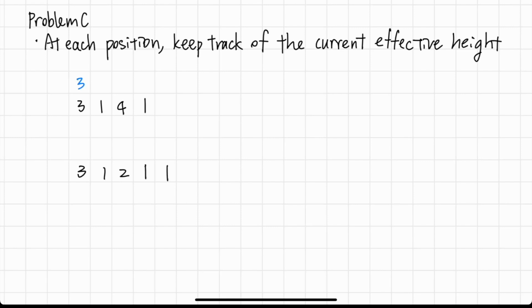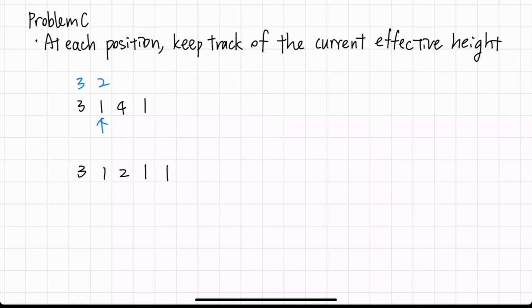And afterwards, when we loop through the dominoes and move on to the second one, then we subtract 1 because we've moved 1 coordinate. And so now we subtract 1 from 3, which is 2. And the new height is 1, so it is less than 2, so we won't update our current height.